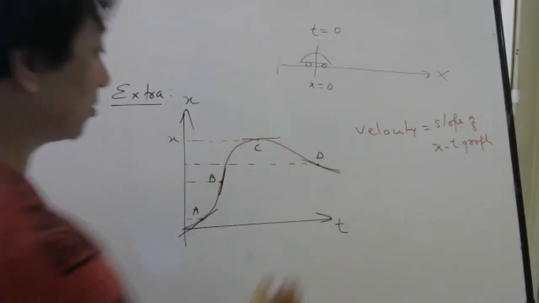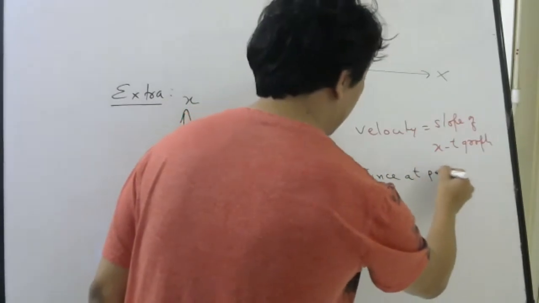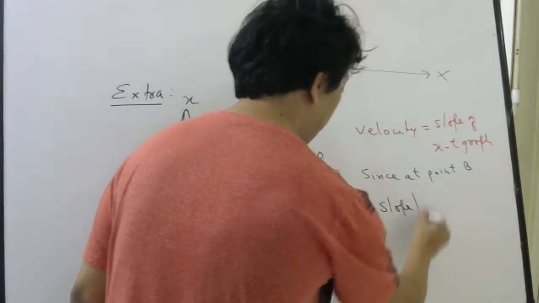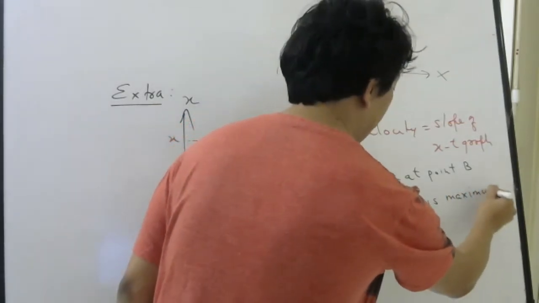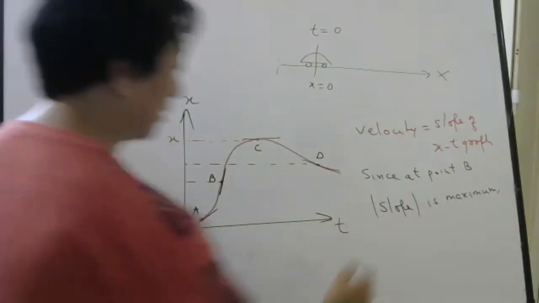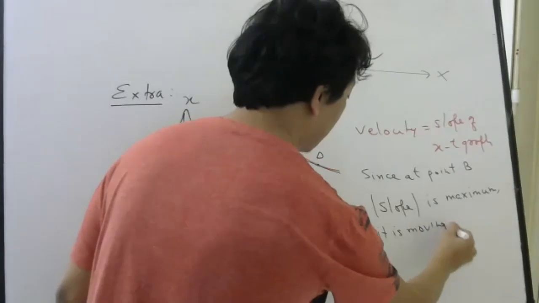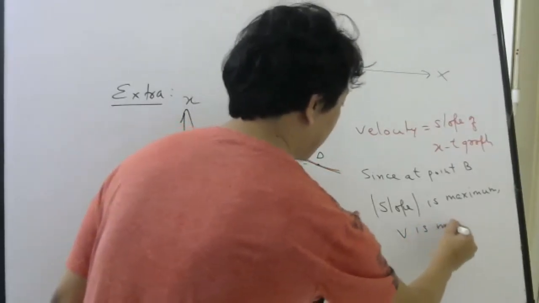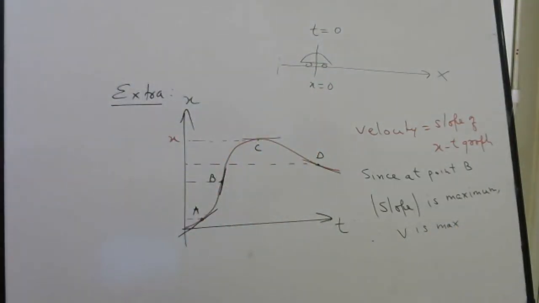B. So since at point B the slope magnitude is maximum, it is moving fastest. The velocity will be maximum. Understood or not?